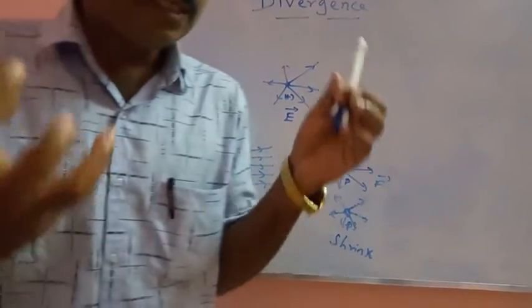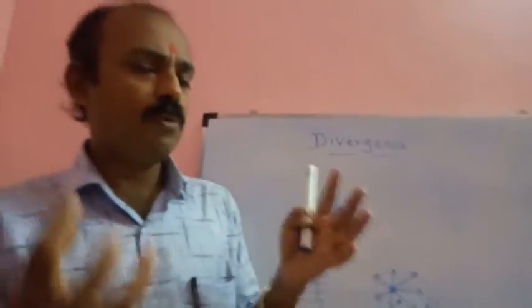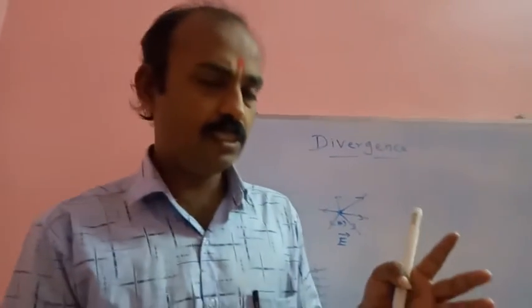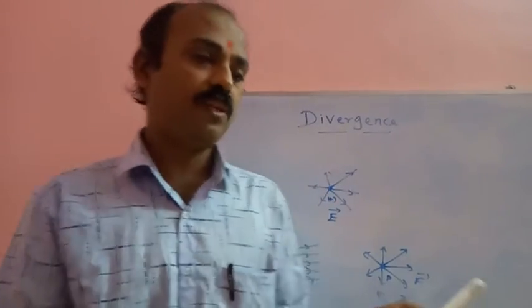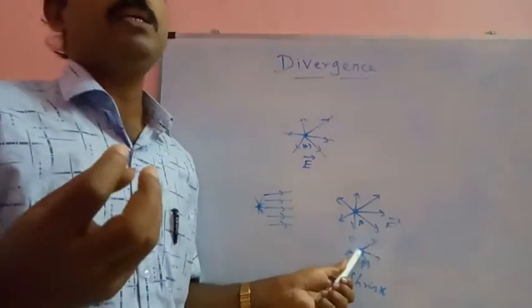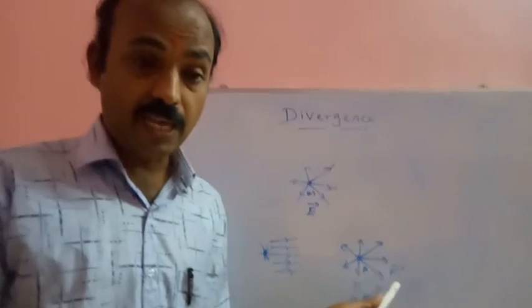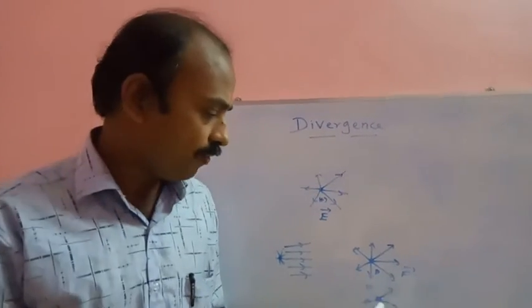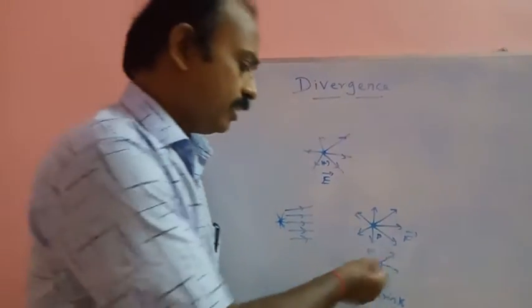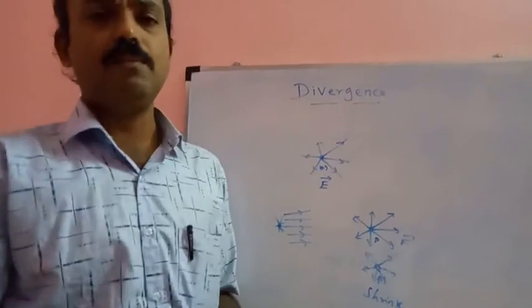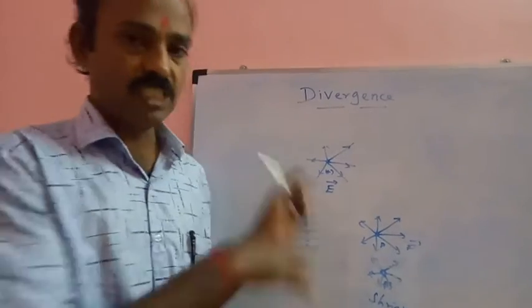So what about the third point of view about this divergence? The divergence of a vector f at a point P is defined as the change of vector, where the vector is a field expansion per unit volume.